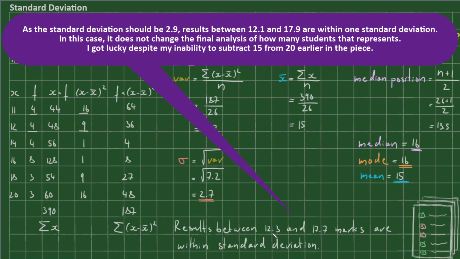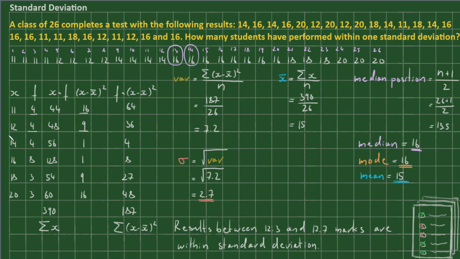Well, I need to look at all of those students who have scored more than 12.3, but less than 17.7. If I look at my table, that means that I'm looking at this group of students, the ones who have scored 14 and 16. So I could say that 12 out of 26 students have performed within one standard deviation.